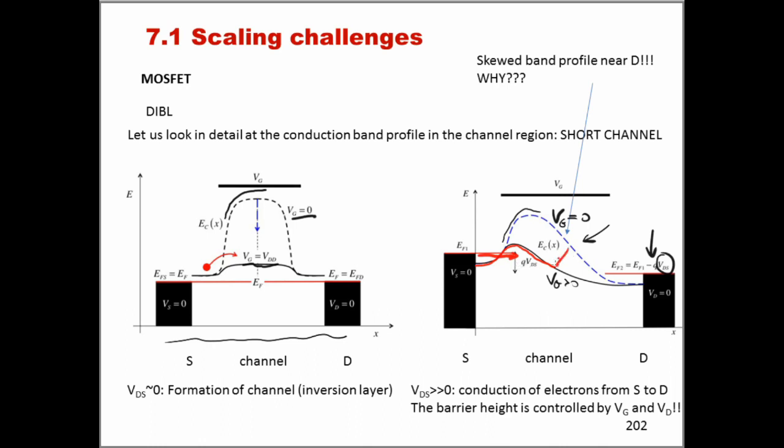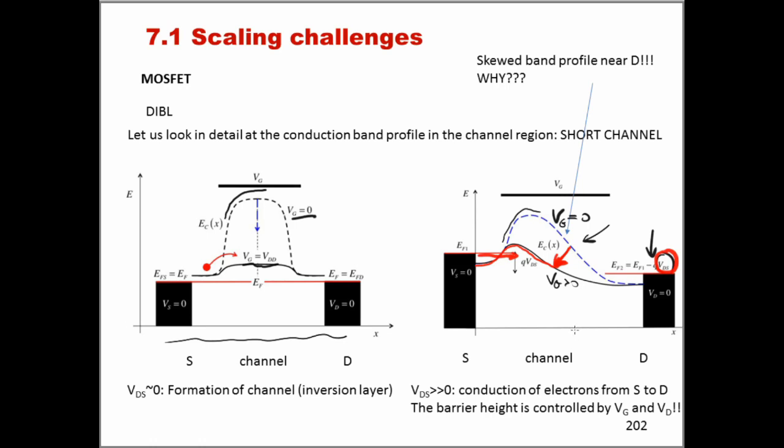So you can see that this deformed diagram is effectively telling us that the electrons now in a short channel transistor have a much smaller barrier to overcome, and this deformation is under the control of VDS and not of the gate.